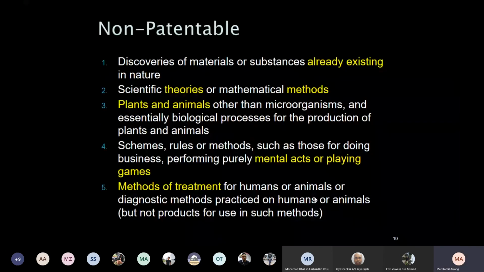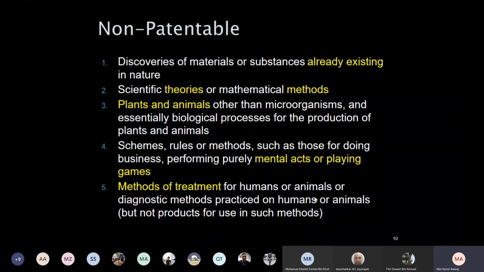So these are the things that you cannot patent. Discoveries of material or substances already existing in nature. But this is being made a bit more loose now. For example, the patent of basmati.